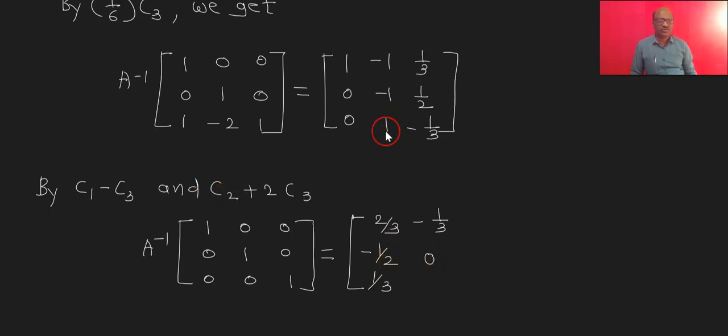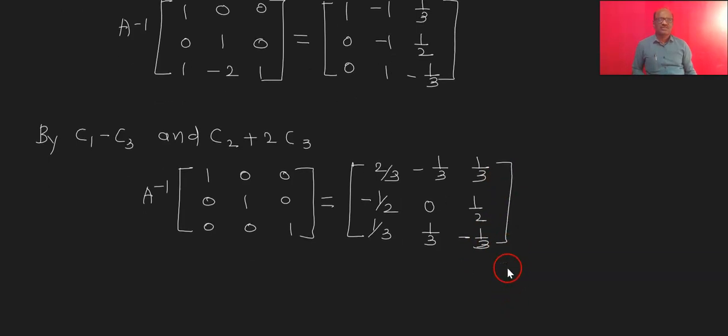Last is C2 plus 2 times C3, that is 1 minus, again minus 1 upon 3, that is 1 by 3 only. Here is a 1 by 3, and the last column is as it is: 1 by 3, 1 upon 2 and minus 1 upon 3.